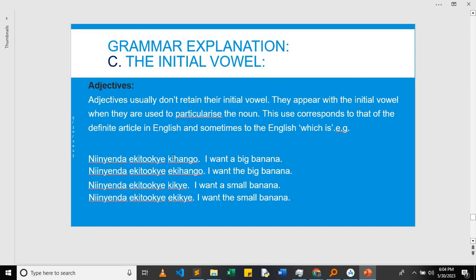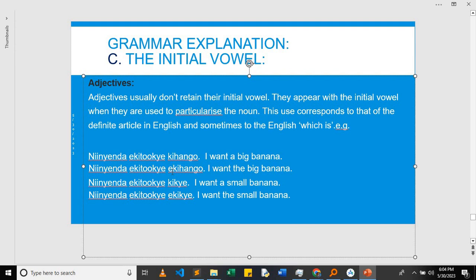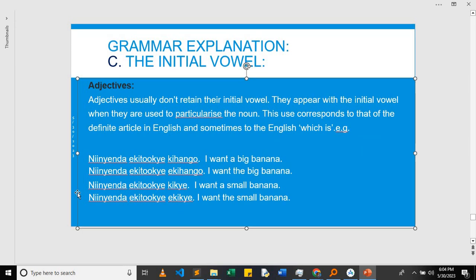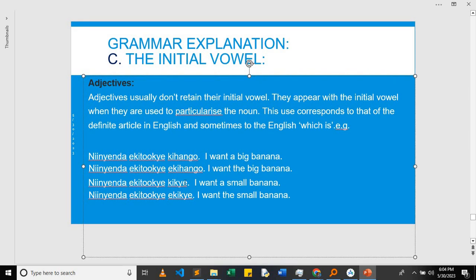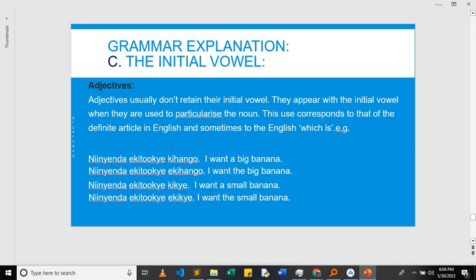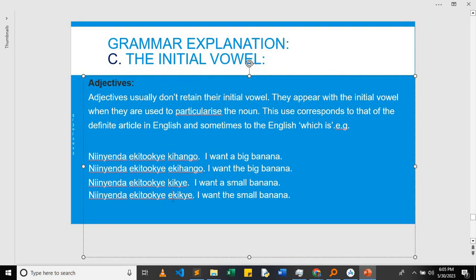I want a big banana. So if I want to say that I want the big banana, then I say ninyenda echitoche echango. That one brings about the. Then somebody can say ninyenda echitoche chiche, I want a small banana. Then if you want to say the small banana, you will say ninyenda echitoche echiche.